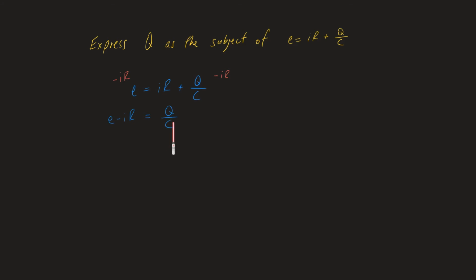Now, all I need to do is remove this c, and to do that, I need to multiply both sides by c. And I can leave this in factored form, because I need to multiply that whole side. I could just put c outside of the brackets. So q is going to equal c, brackets E minus IR.